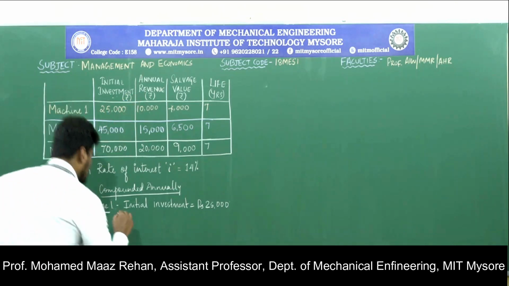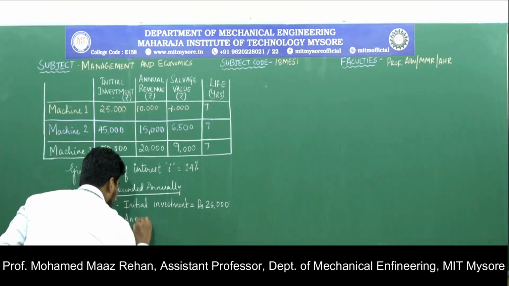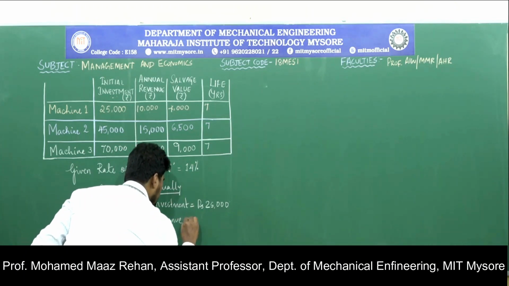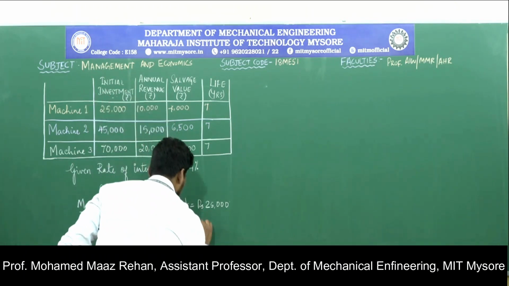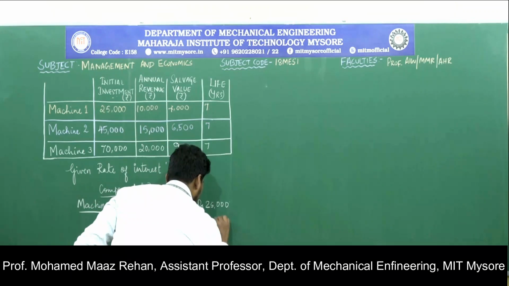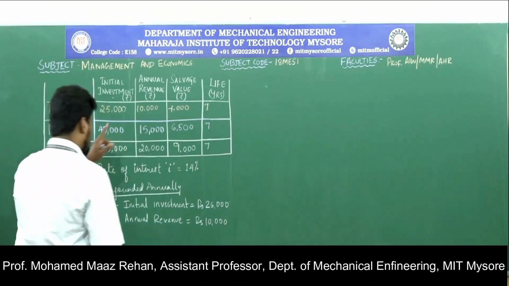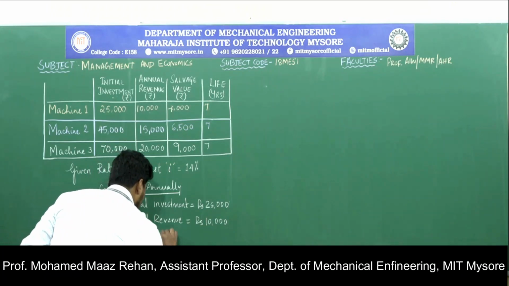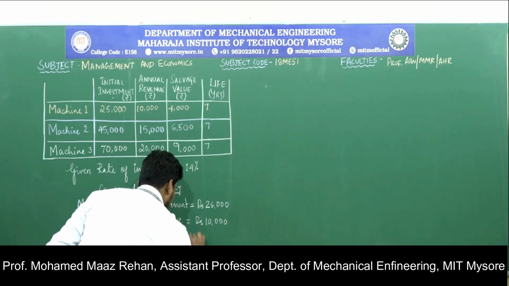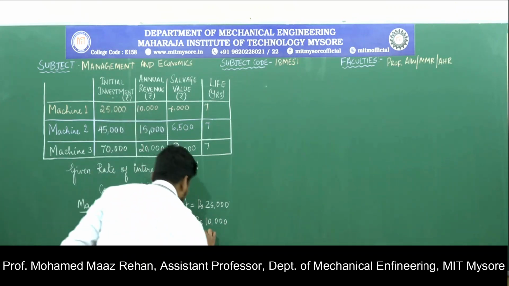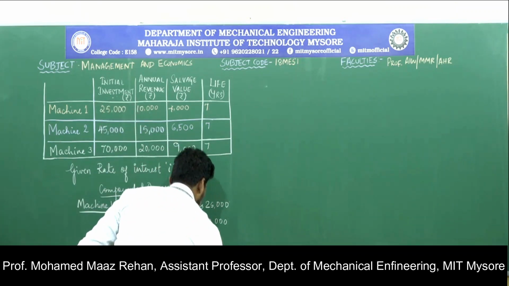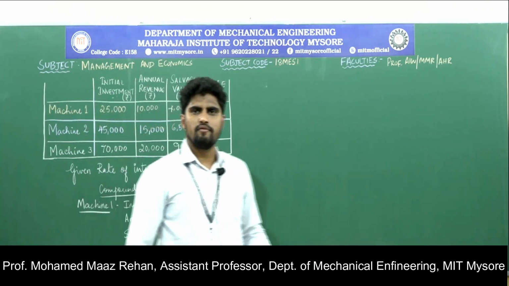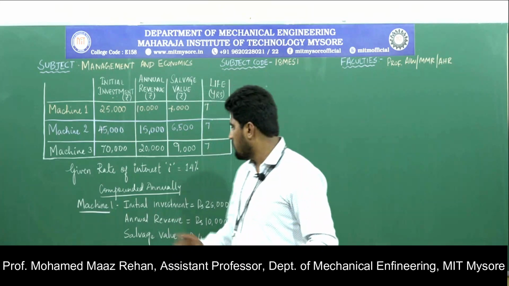What is the annual revenue they have given? The annual revenue for machine 1 is rupees 10,000. What is the salvage value they have given? The salvage value is rupees 4,000.